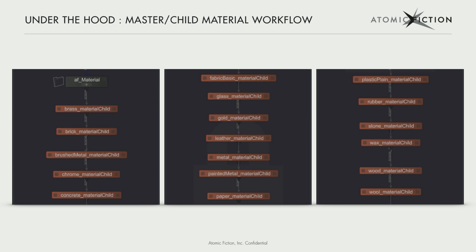This next part can be a little bit tricky, and it can kind of feel like you're in the Matrix at first. But in addition, Katana allows you, by using a network material parameter edit, to add any of the attributes for the nodes inside the master to an override list on the child.